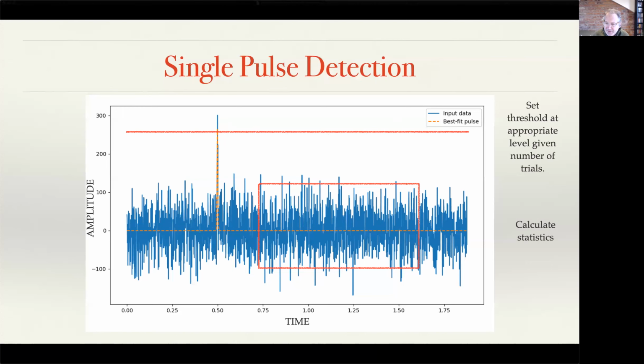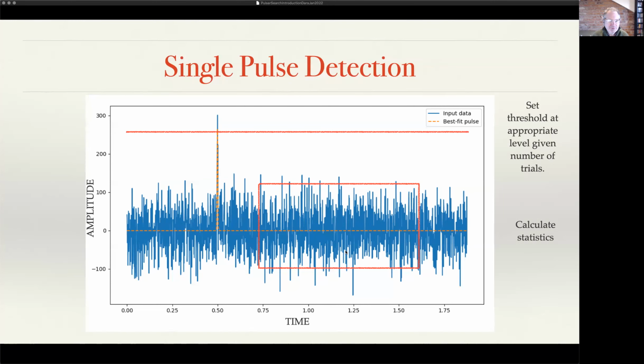Anything that's above that threshold, we will call a real detection. And we want to set that threshold at an appropriate level, given the number of dispersion measures we try and the number of data samples that we have in our data set.